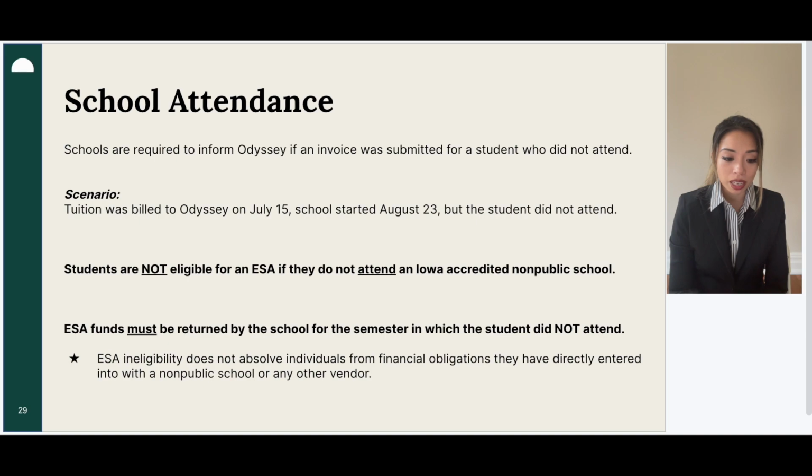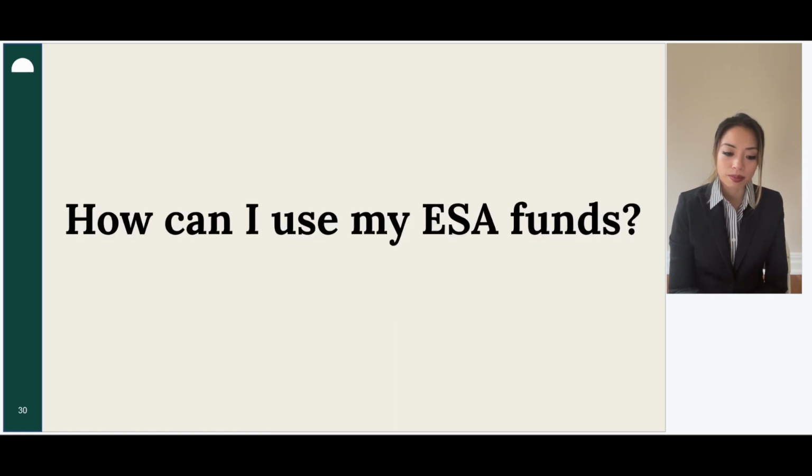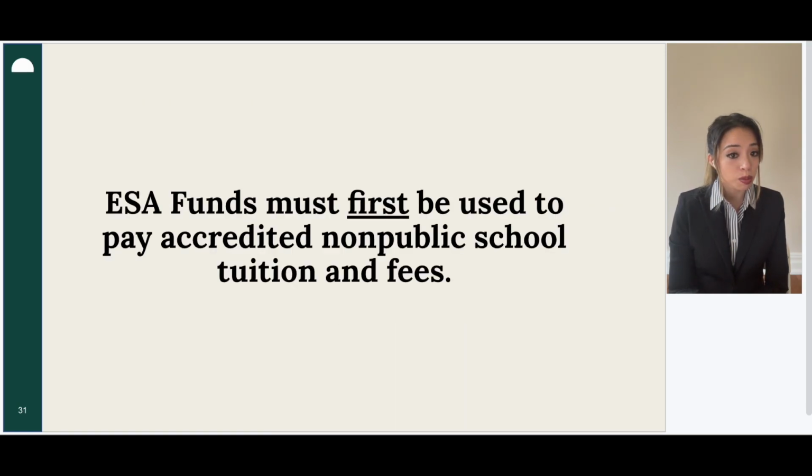ESA ineligibility does not absolve individuals from financial obligations that they may have directly entered into with a non-public school or any other vendor. How can I use my ESA funds? ESA funds, as previously indicated, must first be used to pay for accredited non-public school tuition and fees.